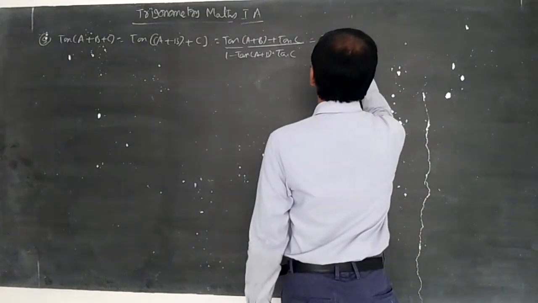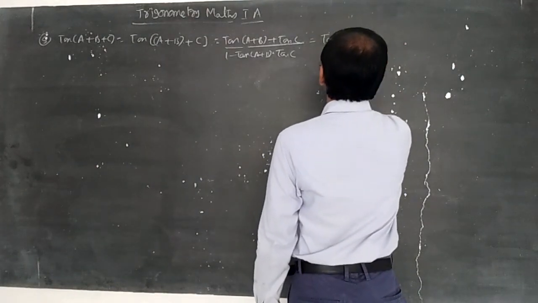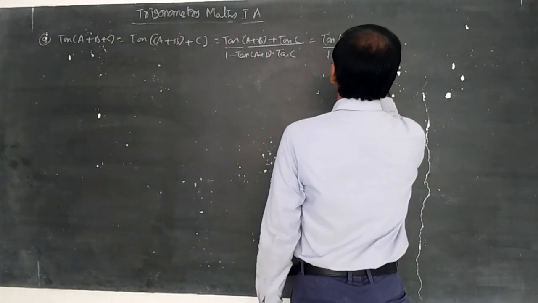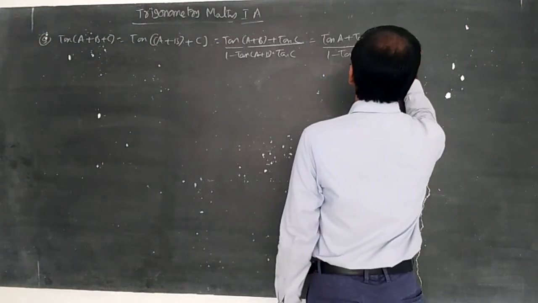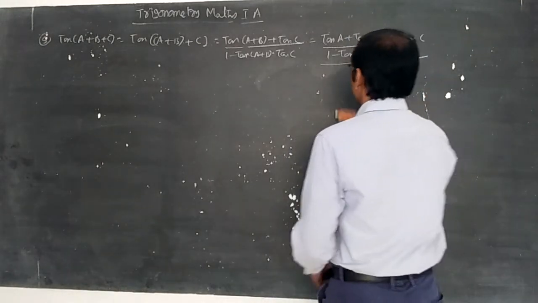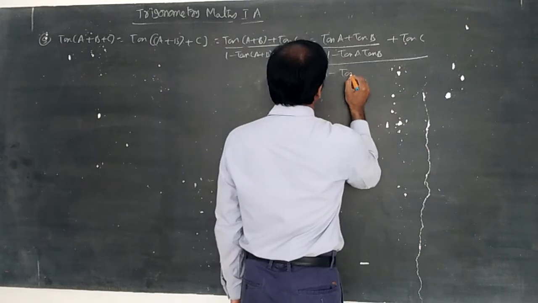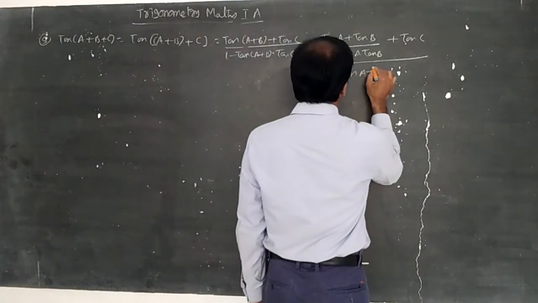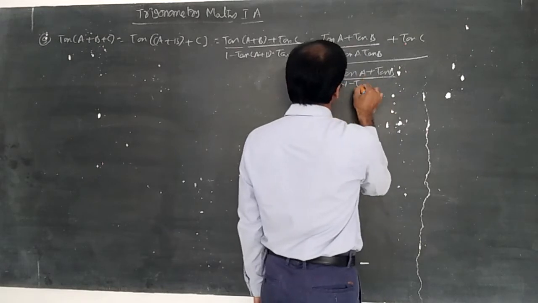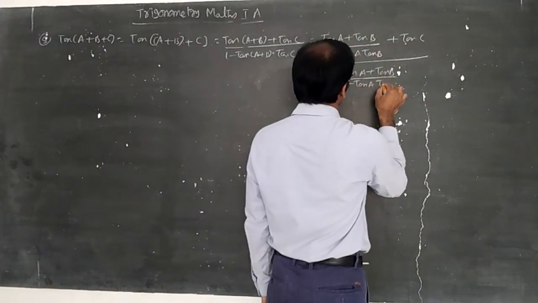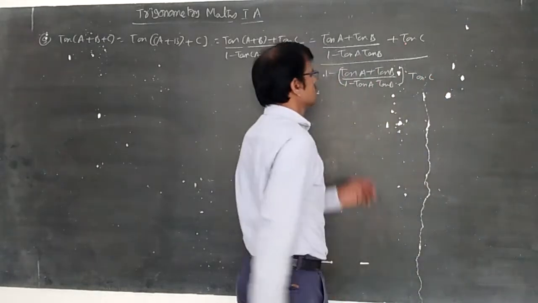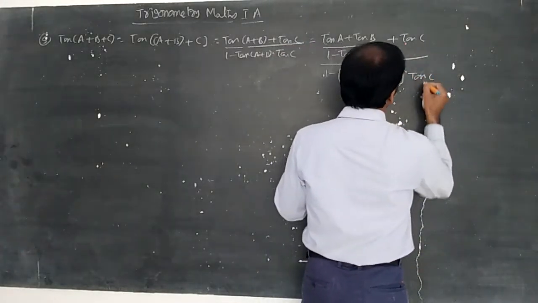So it is tan a plus tan b by 1 minus tan a tan b, plus tan c, whole by 1 minus tan a plus tan b by 1 minus tan a tan b into tan c.